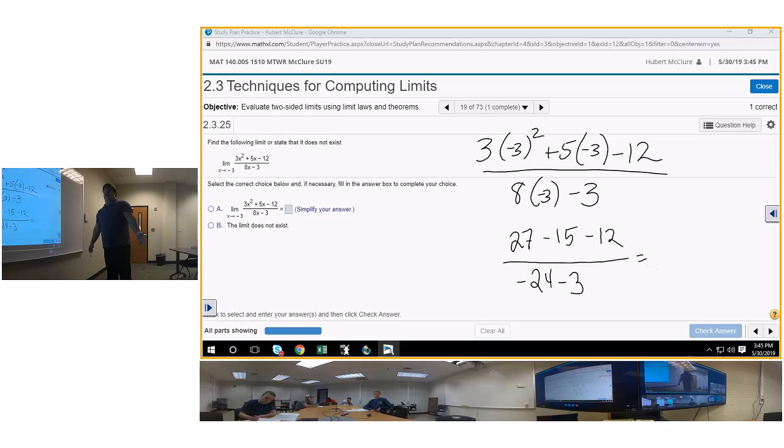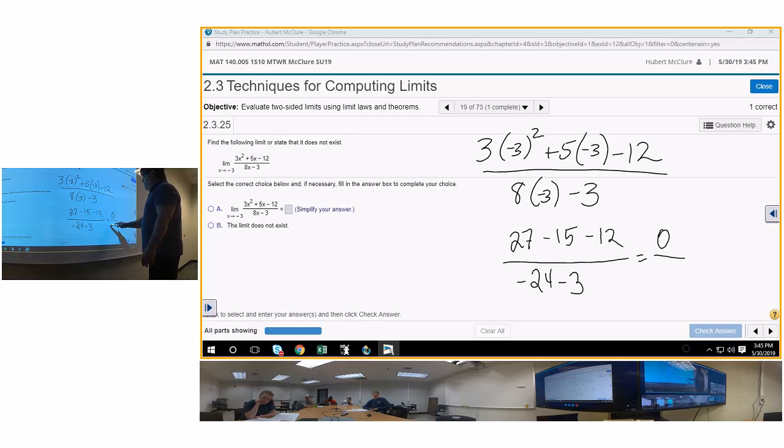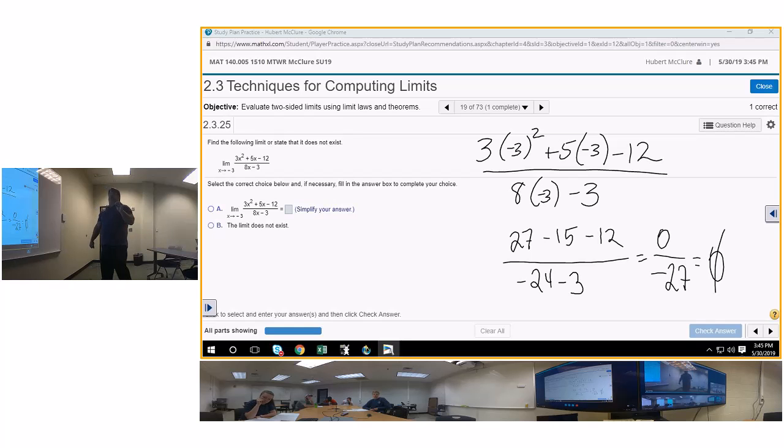Now it's just nothing but plain mathematics. 27 minus 15 is what? 12. 12 minus 12 is 0, over any negative number is equal to what? So what am I approaching as x is approaching -3? What is your y approaching?